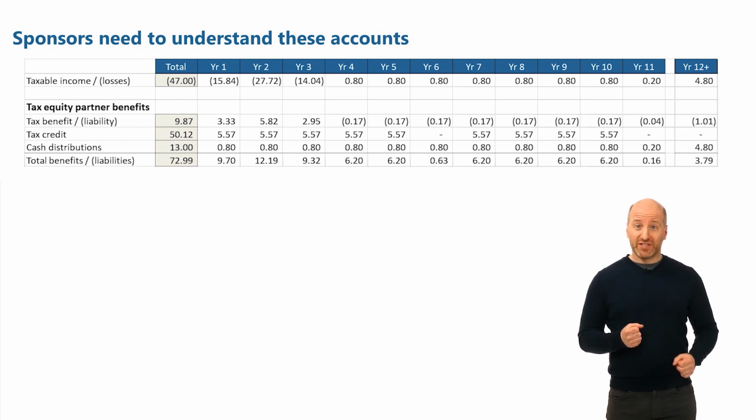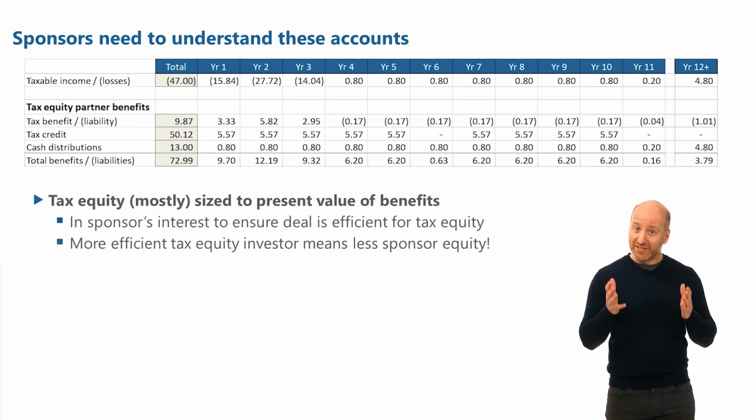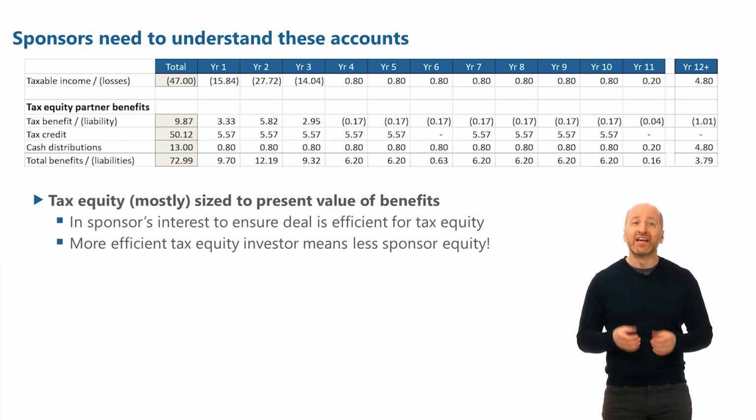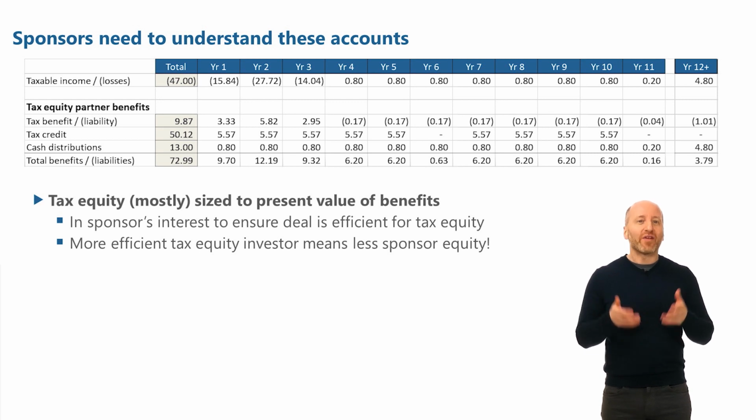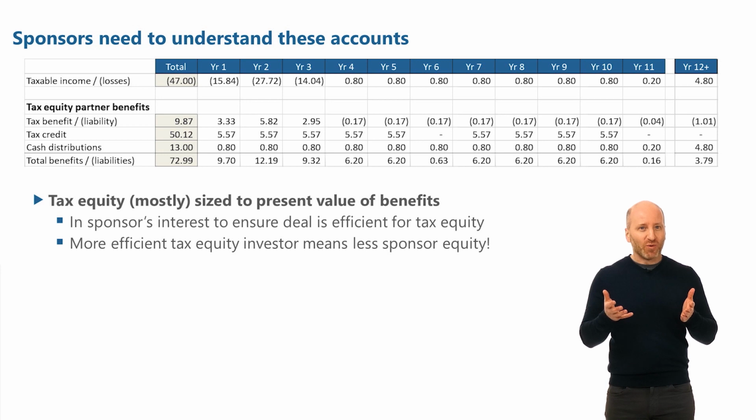Many tax equity participants will size their commitment based on a present value. And the less reallocation to the sponsor and the less suspended losses, the higher their present value, or the higher the amount that they will invest. And if tax equity invests more, then you as the sponsor will be able to invest less, and that should increase your returns.